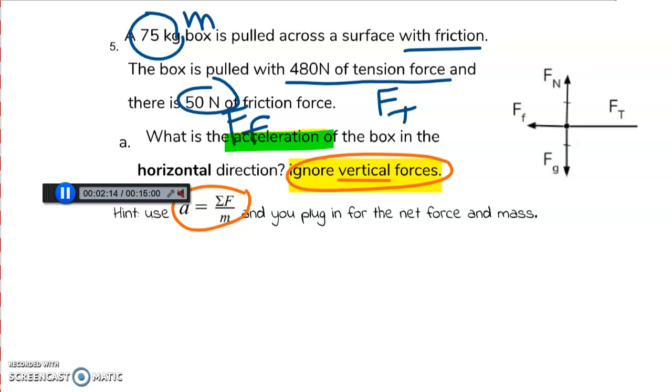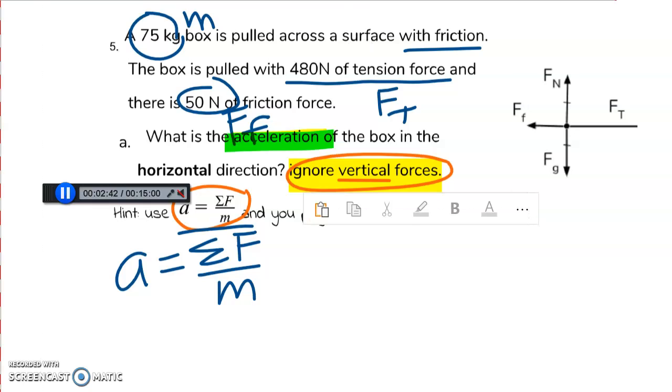So the strategy here is to use this equation and plug in what I know to figure out what I don't know. If I'm being asked for acceleration, this equation is going to be useful. I can show a process. Using a equals, the acceleration is equal to the sum of forces divided by the mass.